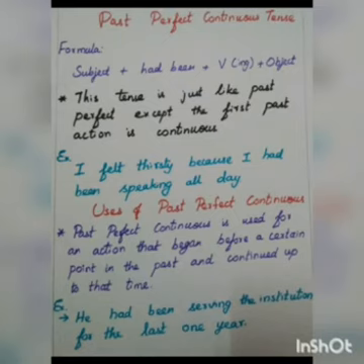In this example, the action actually started at some point in the past. That means he started service in the past and he is still doing service in the same institution. Here, had been serving is showing the past perfect continuous tense.